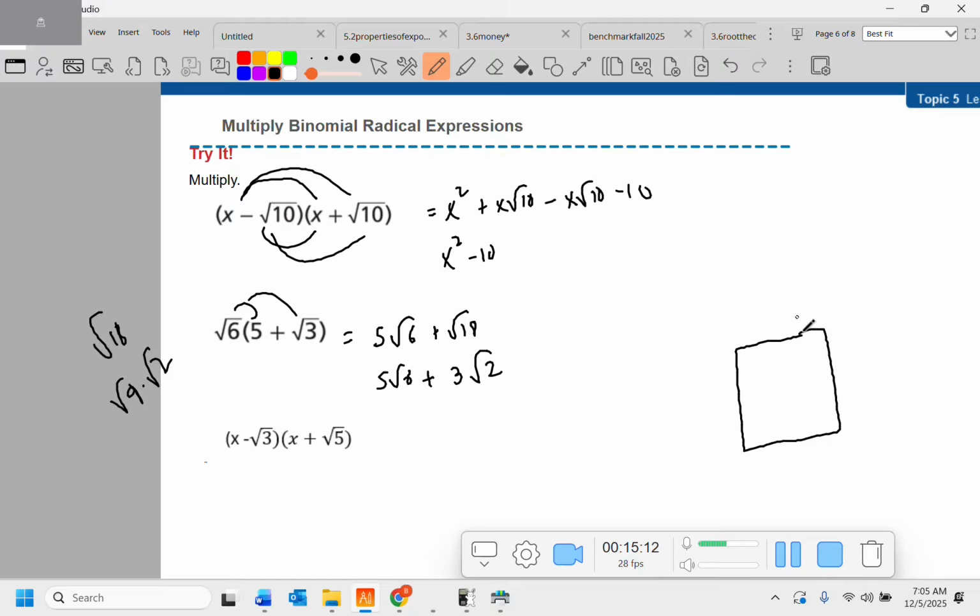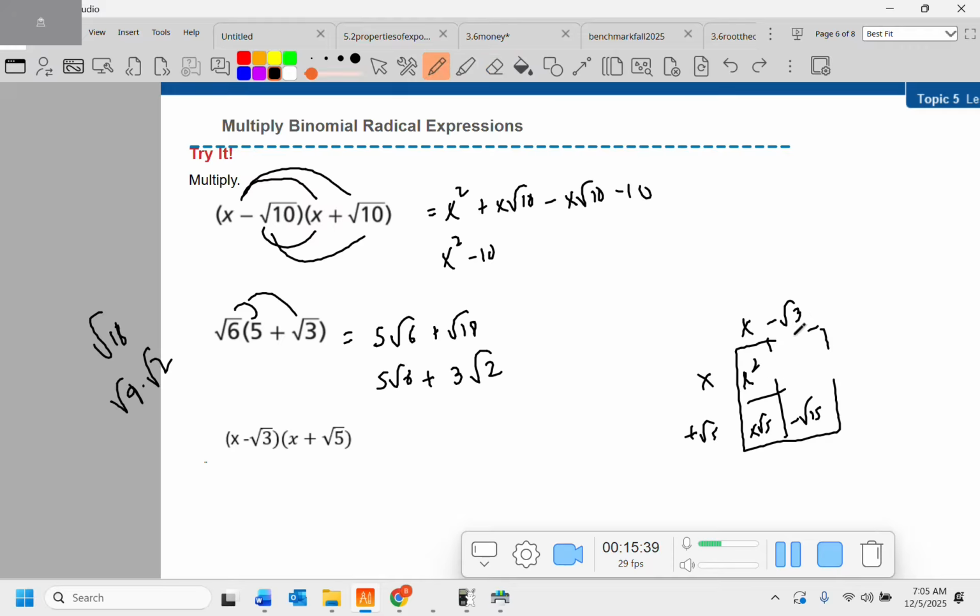Now, I mentioned I didn't care if you did the box or whatever. You can do a box. There's nothing wrong with the box. If you like the box, do the box. We got x minus root 3, x plus root 5, x times x being x squared. 3 times 5 is 15, so minus root 15, x root 5, and then minus... I made a mistake, didn't I? This goes here. I got off, sorry.